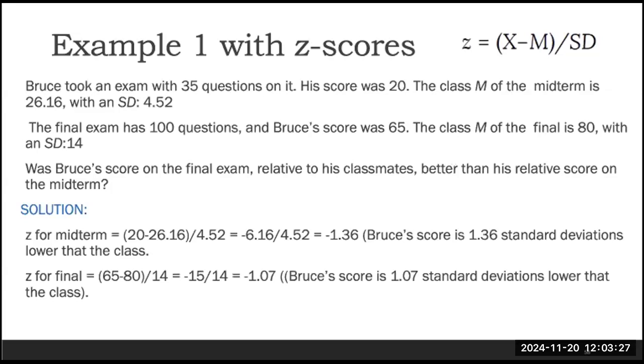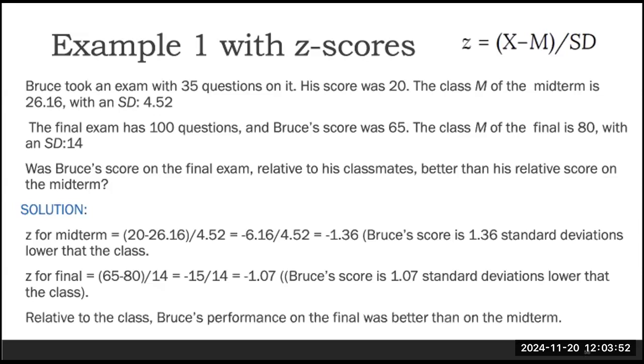Now let's look at the final. So we take Bruce's score in the final, which is 65, subtract it from the mean, which is 80, and you divide it by the standard deviation of 14. So you have negative 1.07. So in the final exam, Bruce's score was 1.07 standard deviations lower than the class.